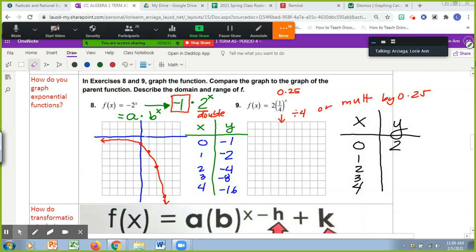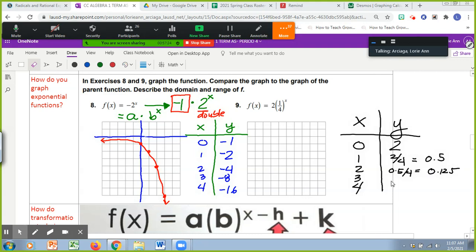Okay. All right. Hi, Juliet. So hang on, honey. Is that the next number? Okay. So if you divide 2 by 4 or multiply by 1/4, Juliet said is 1/2 or 0.5. That's great. Now you're going to divide that again by 4. What would that be? So you're dividing by 4 each time.